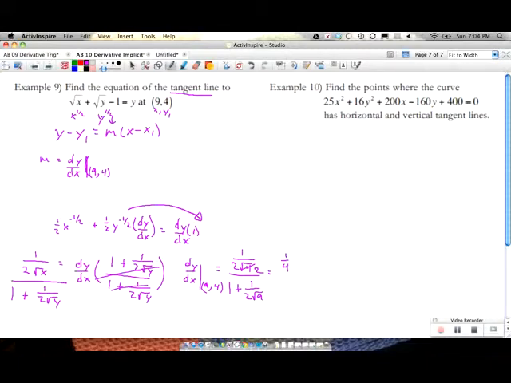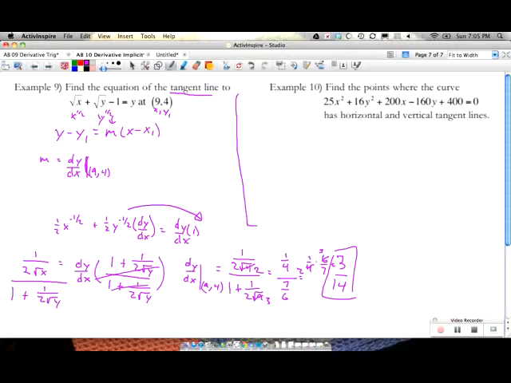And 1 over 2 times, well, square root of 9 is 3, so that's 1 plus 1/6, which is really 7/6. Now if I were to simplify this, that's going to be 1/4 times 6 over 7, or 1/2 times 3 over 7, which is 3/14. Lots of fractions, but we love fractions.